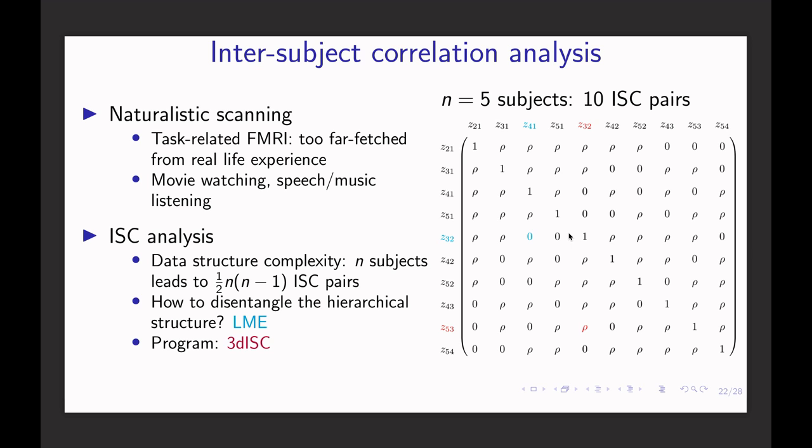We can partition each subject pair into separate components. So we can disentangle the relationship and put them into a hierarchical structure, a scaffold that would allow us to characterize the intricate relationships among those intersubject correlation pairs.